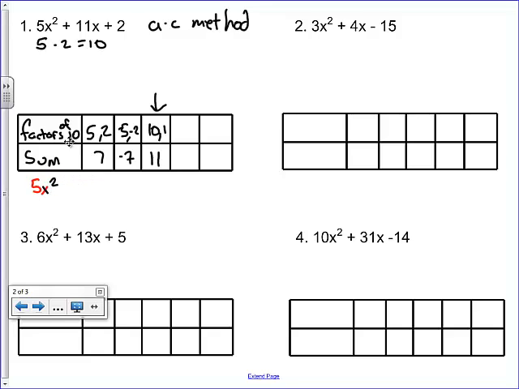Next, we're going to bring down our factors, 10 and 1, plus 10x plus x. We have to have an x because it's 11x. If it was 11x squared, we make it 10x squared and x squared. It just has to be the same term. Now we bring down C, so plus 2.